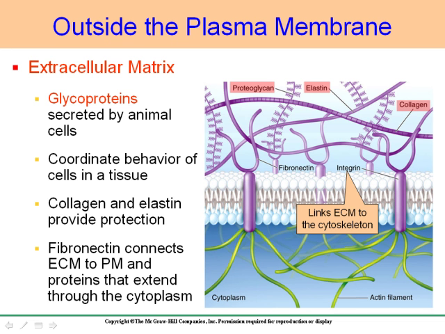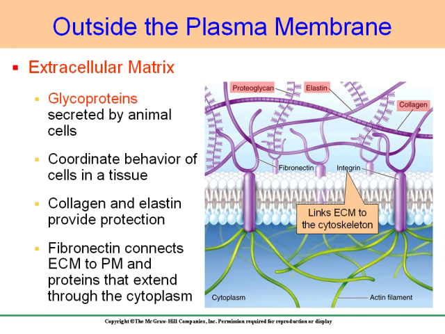We also have, outside of the plasma membrane, something called the extracellular matrix. The extracellular matrix is going to be a series of glycoproteins secreted by animal cells. These glycoproteins are going to include proteoglycan, elastin, and collagen.